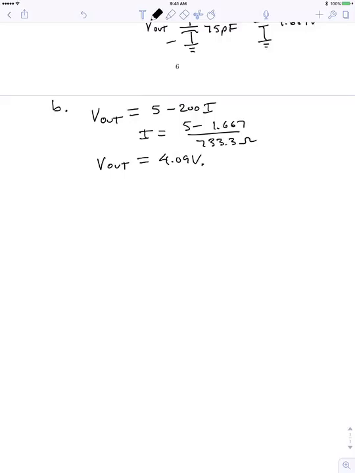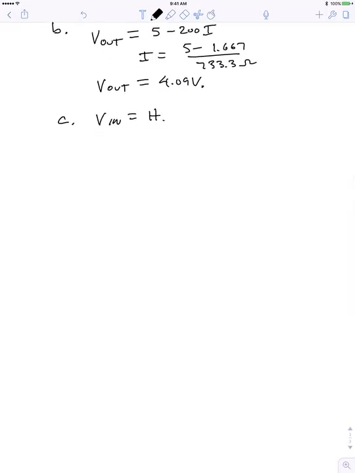Okay, so that moves us to part C. In part C, Vn is an ideal high. Okay, so that makes the equivalent circuit, this is still 5 volts, but this is now a really large resistance, so it's effectively out of the circuit. We have the N channel modeled by a 100 ohm resistor.